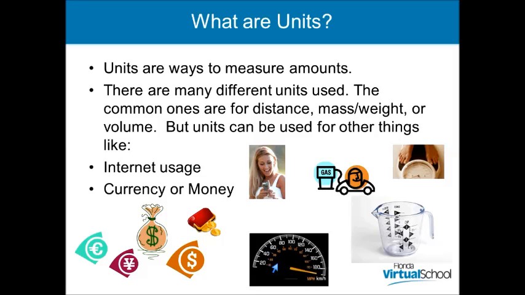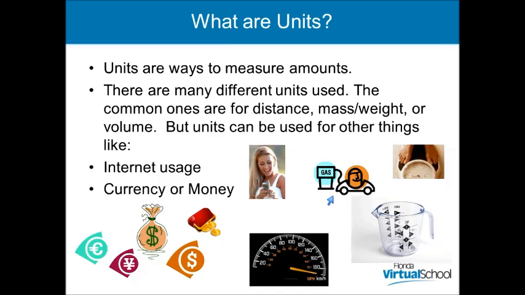Units are used to measure things like speed, like in a car, miles per hour, kilometers per hour. What about substances? If you were making brownies, you use units to measure that, cups and ounces. We have common units that are used all the time.